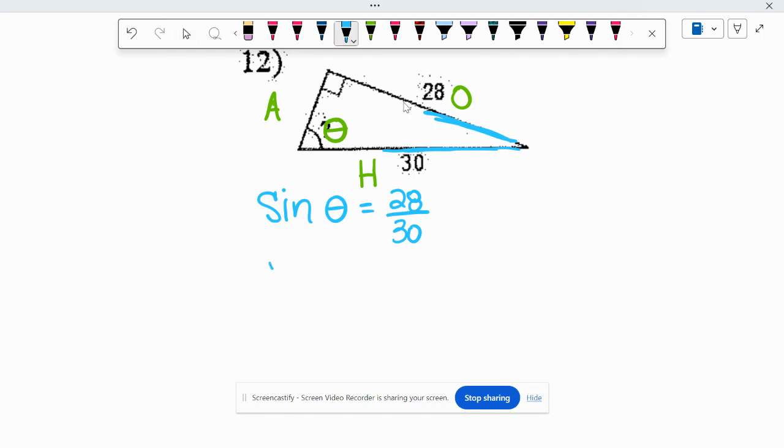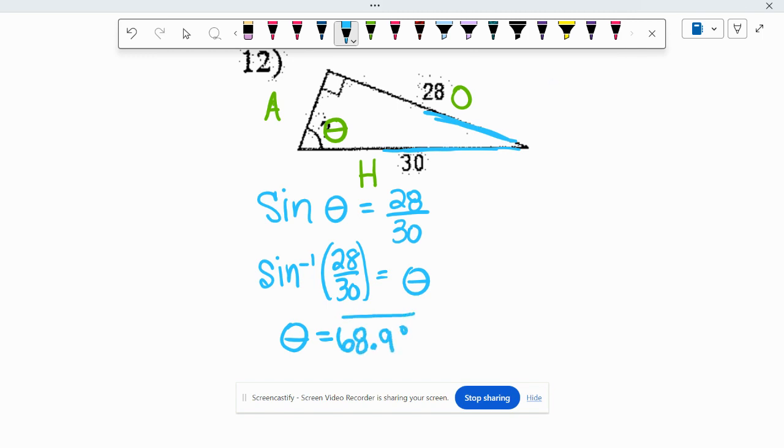The inverse function, yeah. So the inverse sine of 28 over 30. So second sine, 28 divided by 30 equals theta. What do you get for that, Josue? 68.9. Yep, that's perfect. 68.9 degrees. Love it.